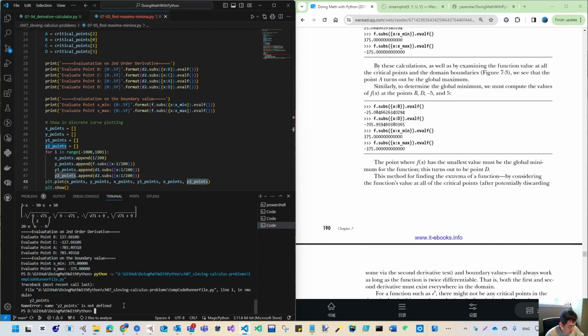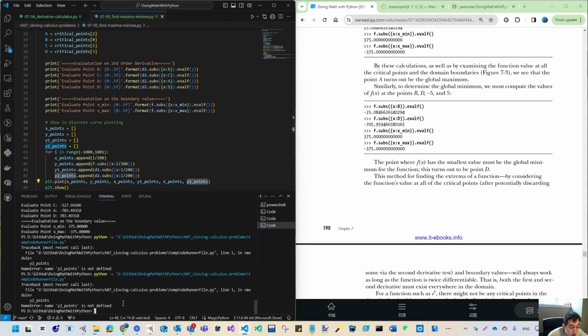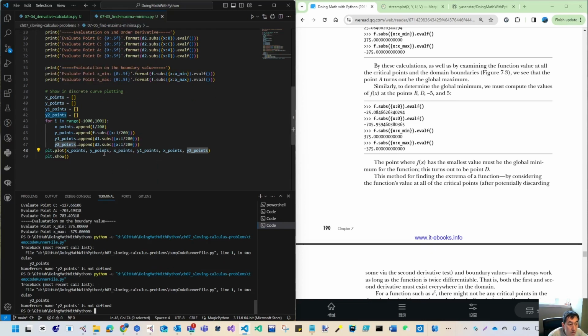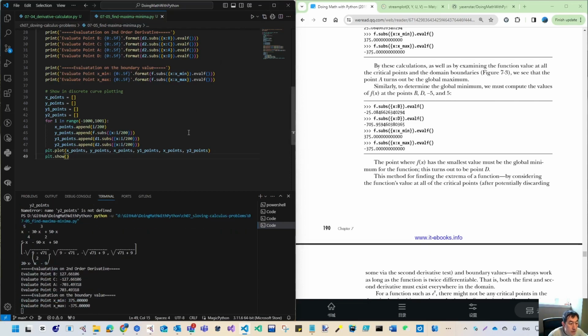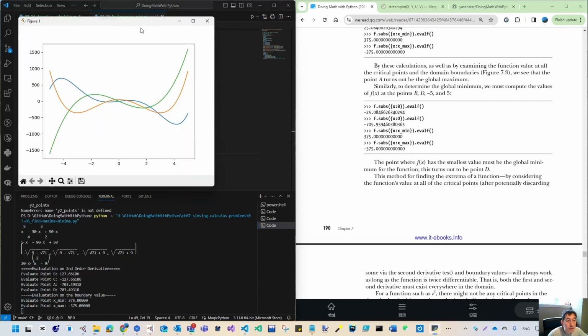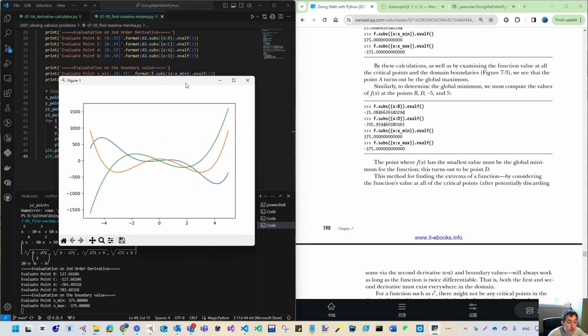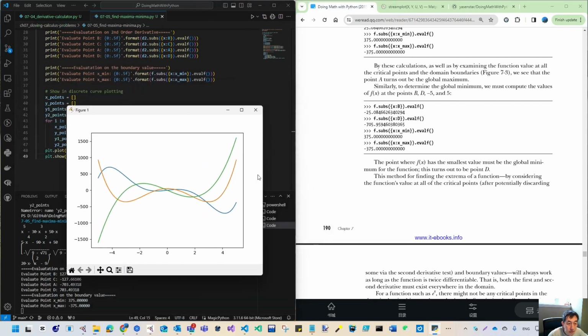I think it's not fully saved. Line 1 in module. It's defined, I think. Okay. Yeah, that is great. I don't have the legend, but it's fine.